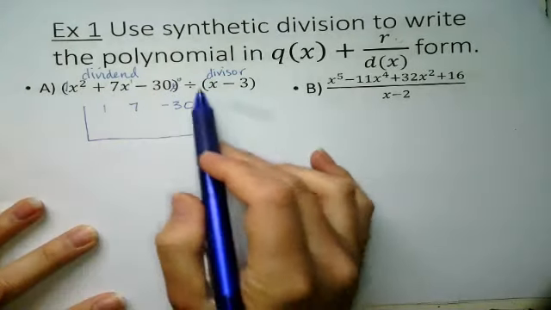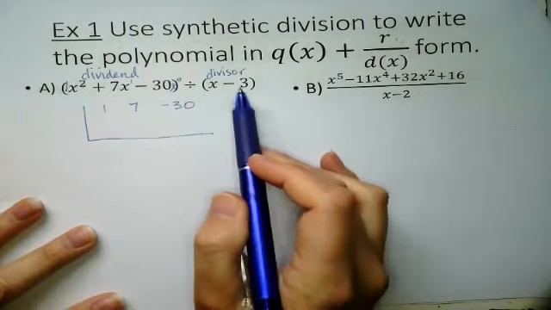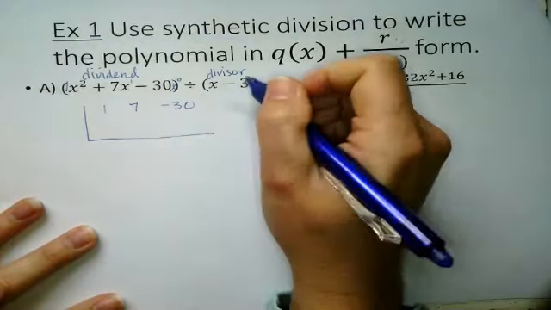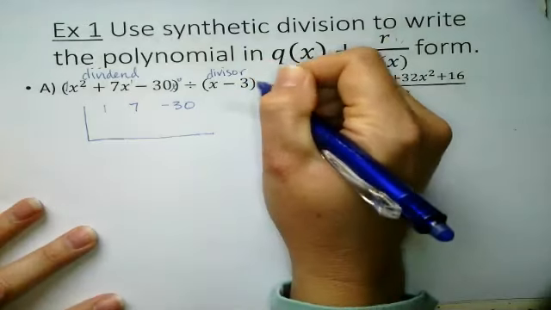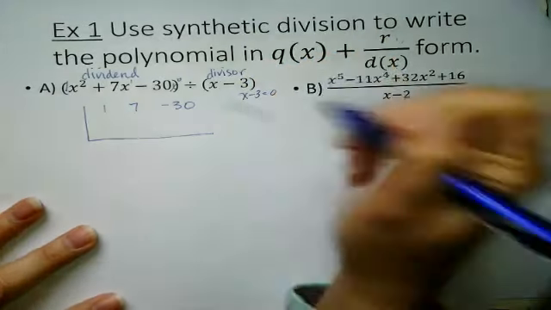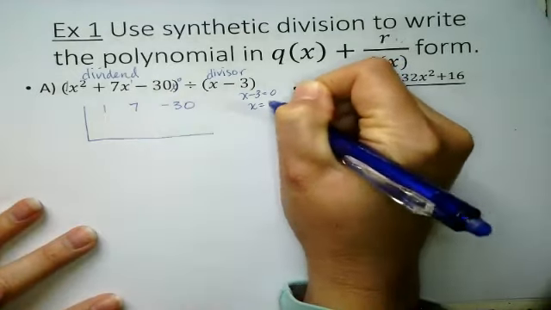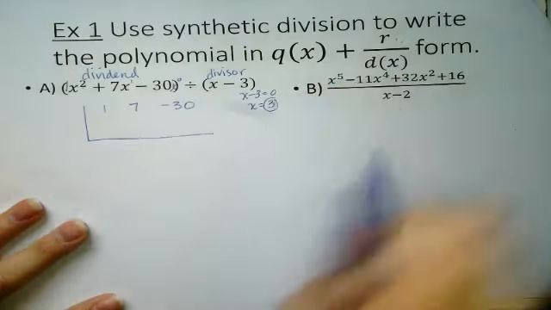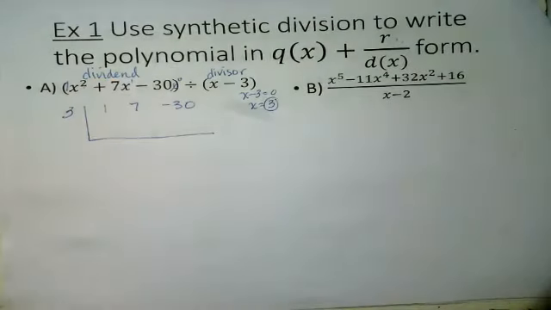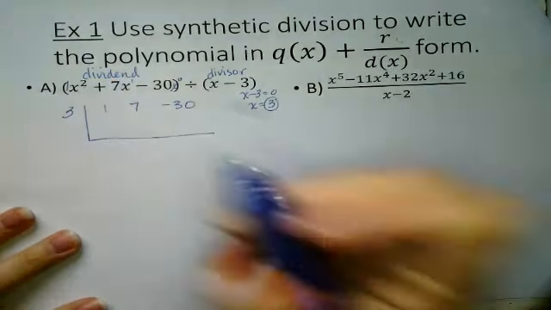Then we're dividing by the polynomial x minus 3. But when we do synthetic division, we need to divide by the zero. So if we take the equation x minus 3 and set it equal to 0, we isolate x and get x equals 3, and that 3 is the number we use in synthetic division. It's just one of those things.